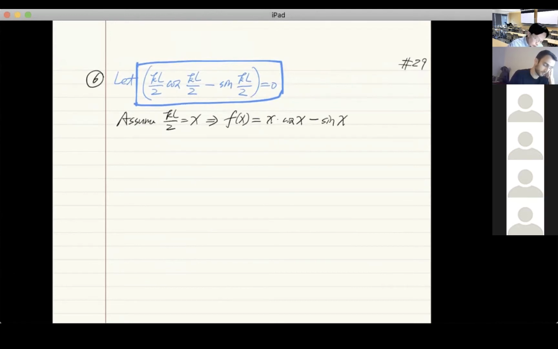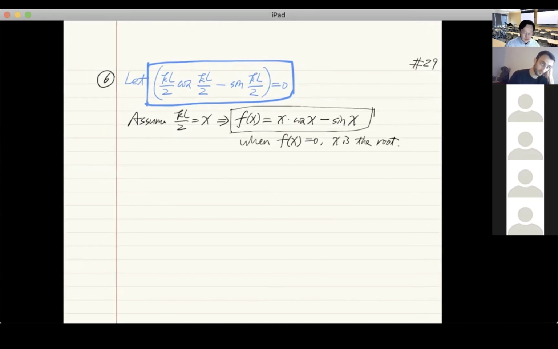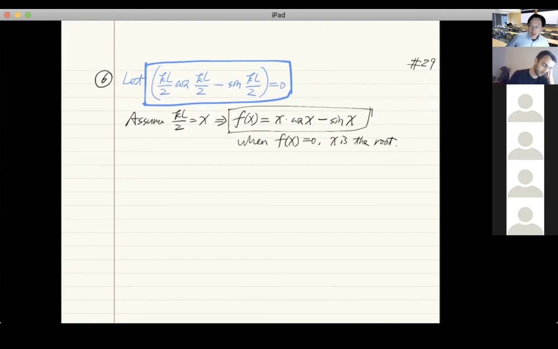So this is your governing equation. And the roots, when f of x is 0, x is the root. This can be numerically found, but theoretically it's not that easy.